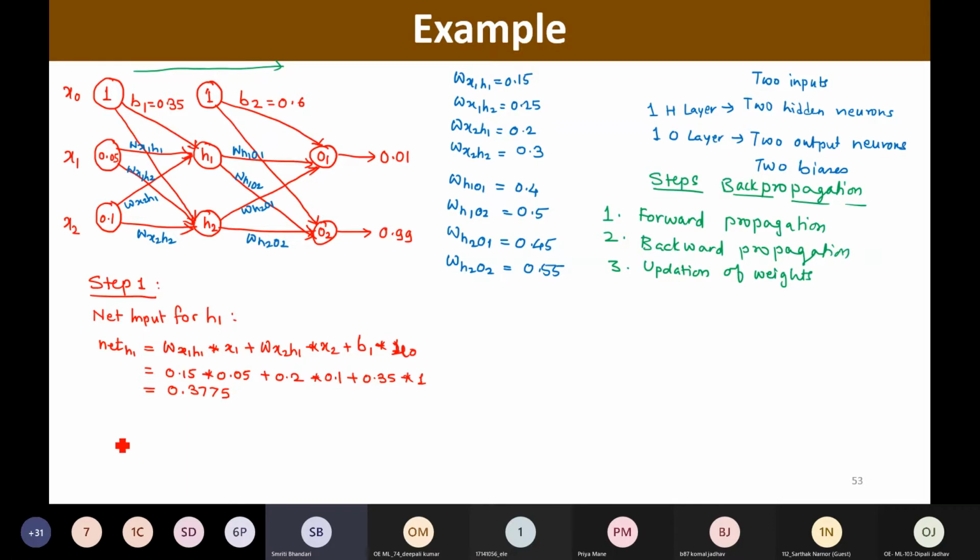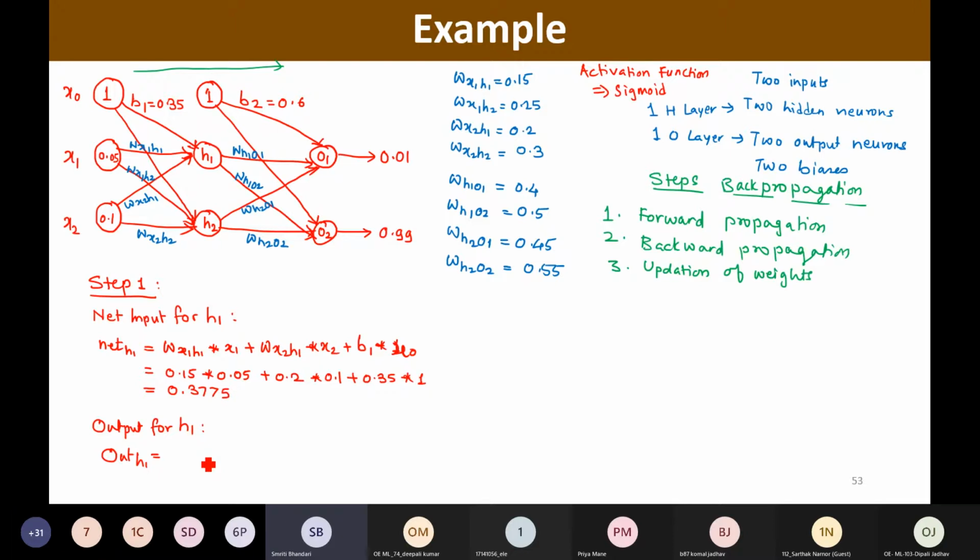So how am I going to compute that? The output for H1 is now being computed, so let us denote it as out H1. As I stated, our activation function is the sigmoid function, right?